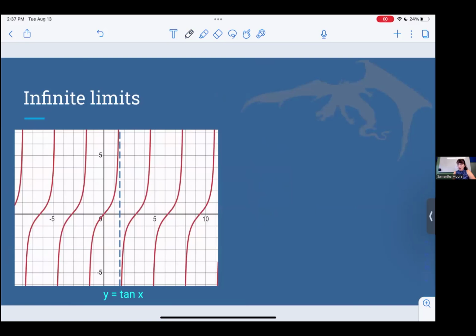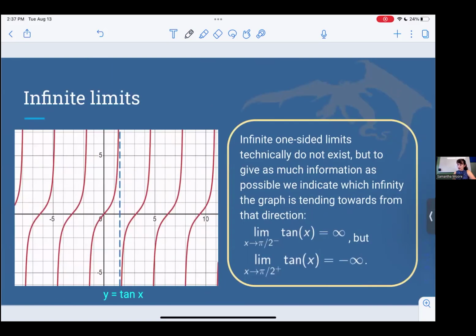Okay. We also can talk about infinite limits, and these are going to have left and right capabilities as well. If we look at this example, y equals tangent of x, if I think about approaching pi over 2 from the left, so my x value is getting closer and closer to pi over 2, coming from the left, then as I trace along the graph, my y values are going off to positive infinity.